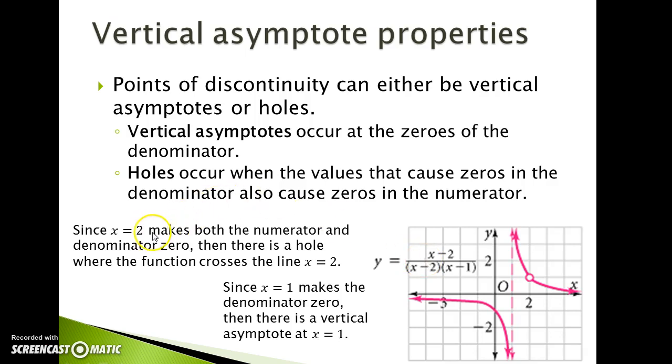So since x equals 2 makes both the numerator and denominator 0, there's going to be a hole where the function crosses the line x equals 2, and there's the hole. On the other hand, if x is 1, it's only going to make the denominator equal to 0, and so when x equals 1, there's a vertical asymptote at that point on the graph instead of a hole.